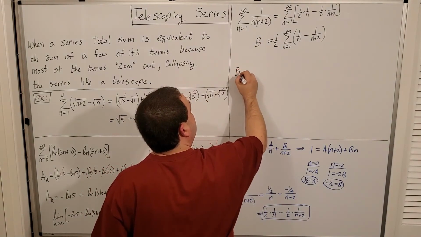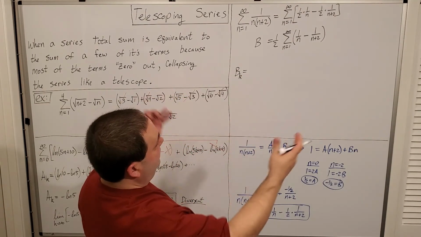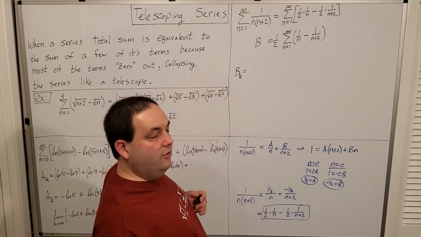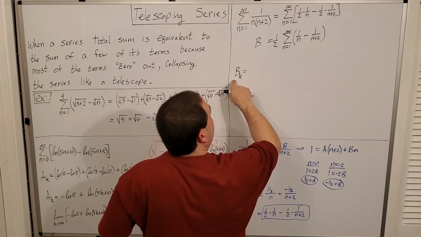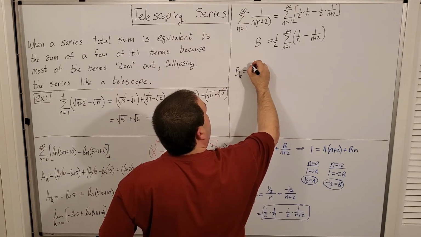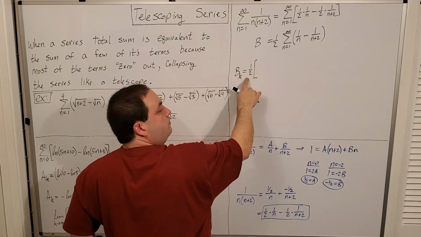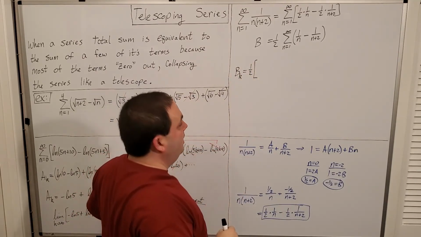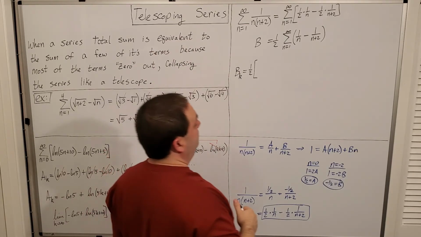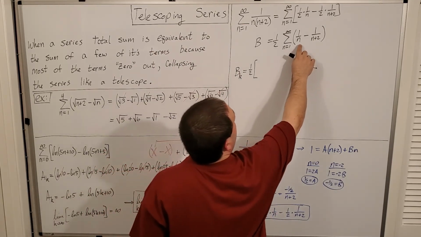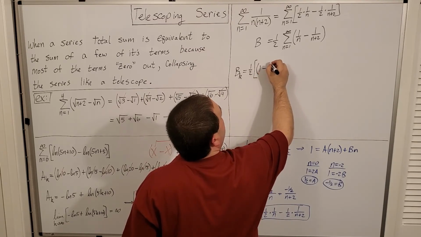So B sub k, the partial sum of the infinite series B up to a value of k, is going to be equal to 1/2 times. Now that's the 1/2 out here. So I'm just going to leave it as a big bracket and sort of just pull the 1/2 out of the way. Okay, now when n is 1, then I've got 1 minus 1/3.